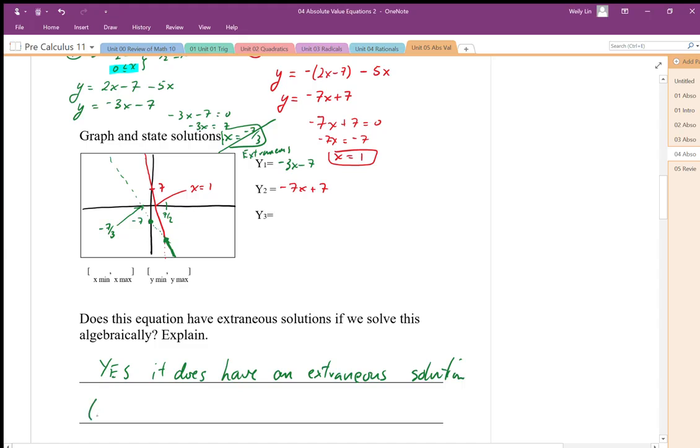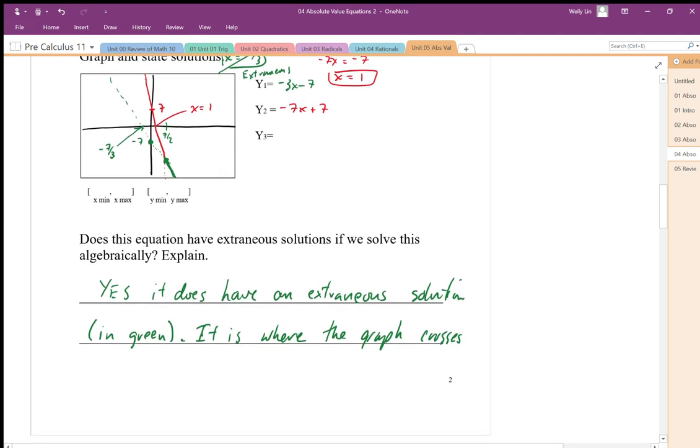It is where the graph crosses the x-axis outside of the domain.